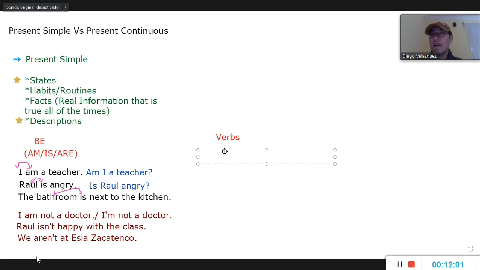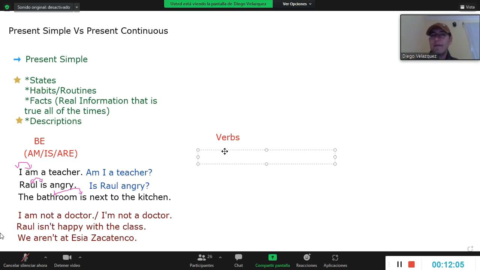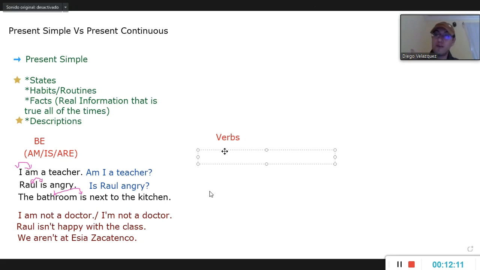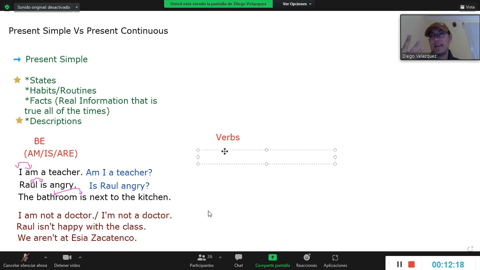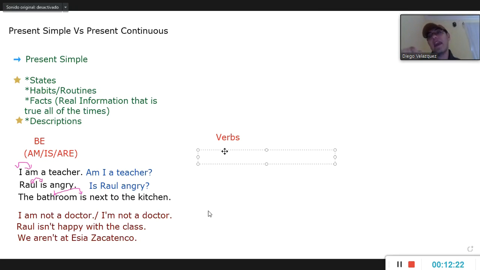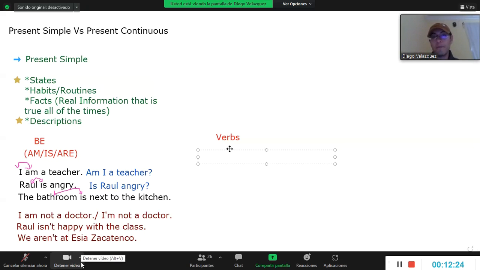In affirmative sentences, let's start with affirmatives, the verb has a little modification depending on the subject. Possibly you remember that when we use subjects he, she, or it, in affirmative sentences, the verb tends to have a letter S or an ES at the end, remember? Yes, teacher.